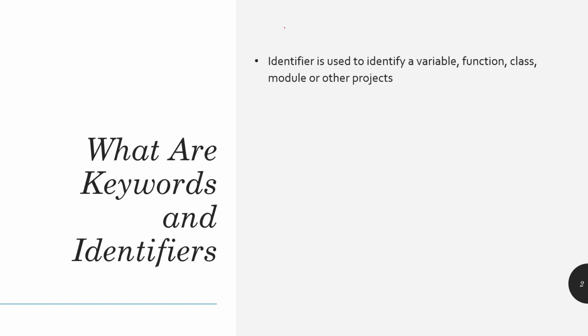Suppose you are creating two variables, num1 and num2, to get the sum of these two numbers. So you can declare your variable names something like this, num1 and num2. Okay, so these are known as identifiers. Similarly, if you're writing a function like get_sum, right?